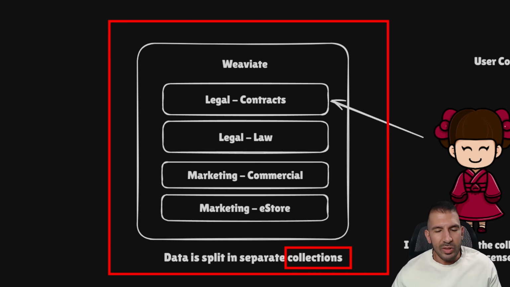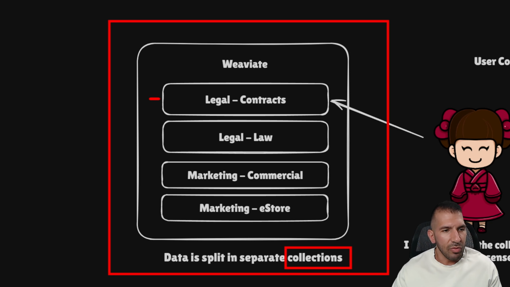Depending on which part of the data side you are on, a collection is like a schema or like a separate database. As a matter of fact, the data in one collection are completely separate from the other collections. So you can only search one collection, and the vector space that you're searching is the vector space of that collection.